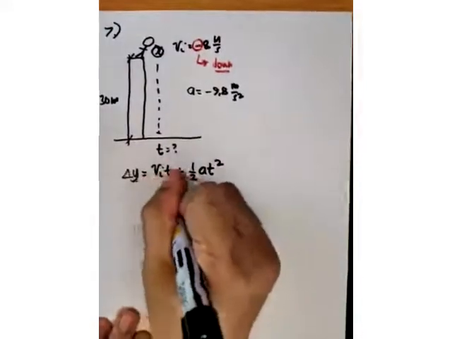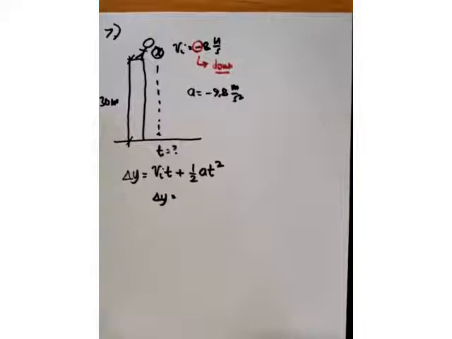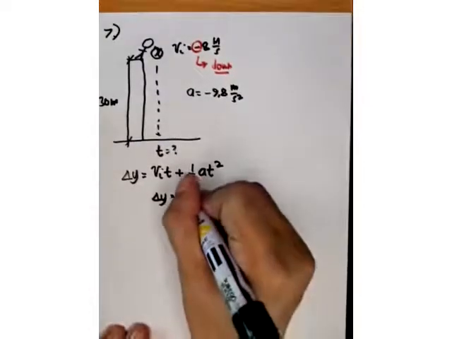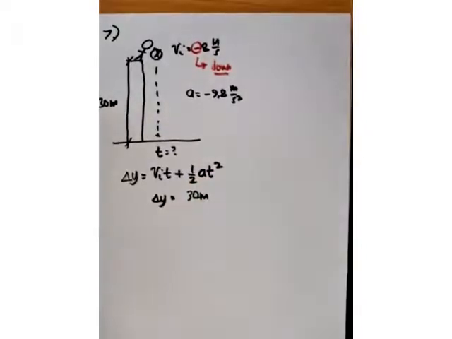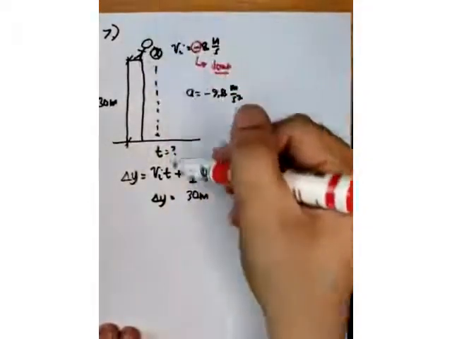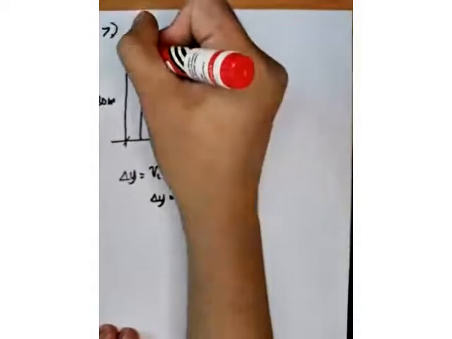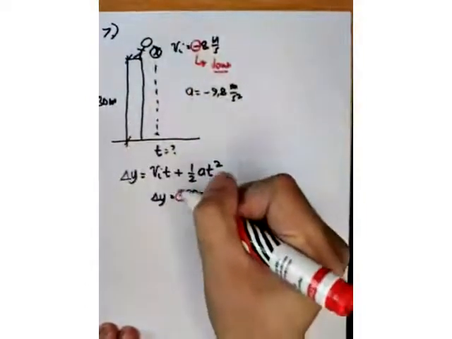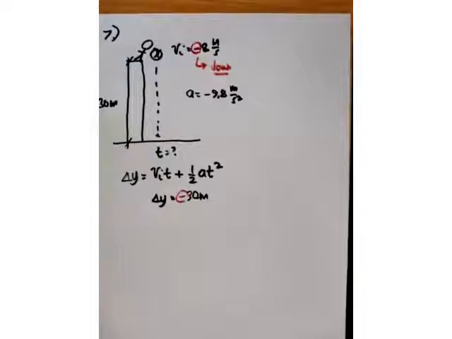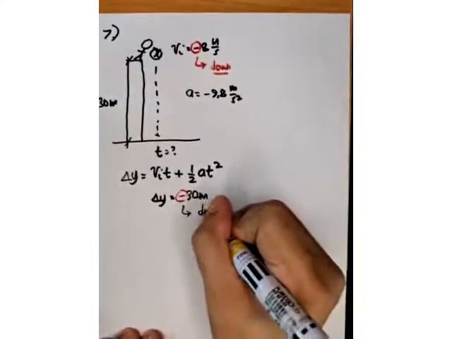But what is delta y? 30 meters lang? That's the height of the building. But if you will consider delta y, kung nandito siya, pumunta siya dito, that should be negative, kasi displacement is downward.